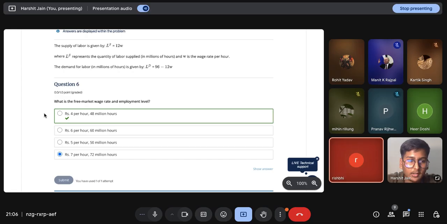So basically, what they're asking us to find is the equilibrium wage rate. So we will equate the supply of labor and demand of labor, because the equilibrium happens only when the supply is equal to the quantity demanded. Alright, so here we will do... Wait, I will write it on paper only.